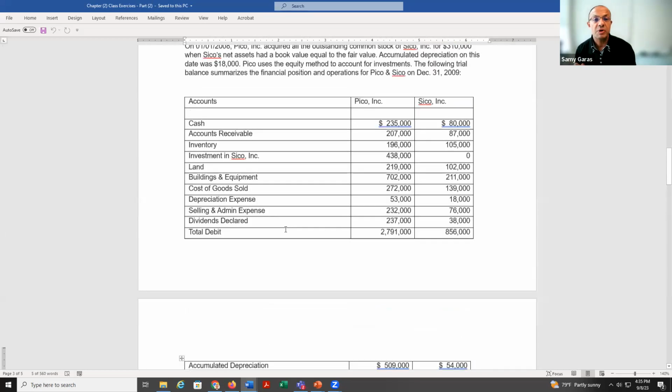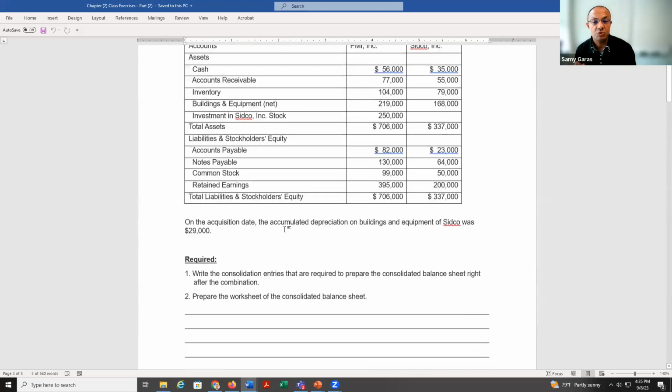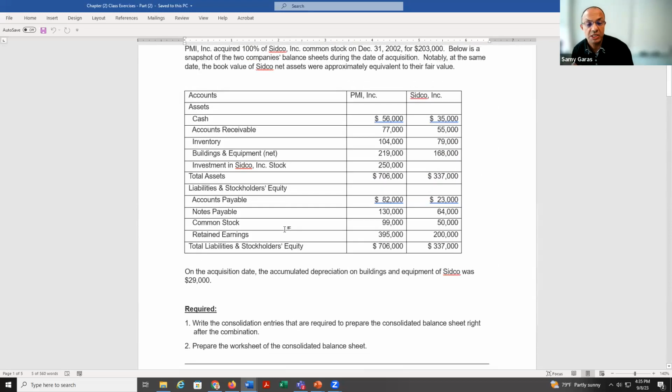So please remember, when you read the question, make sure that you understand which journal entries you need to do. So here, which journal entries do I need to do? Very simple. Number one, I need to do the accumulated depreciation. And remember, this is not the normal journal entry you did in previous classes of accounting. This is the consolidation entry.